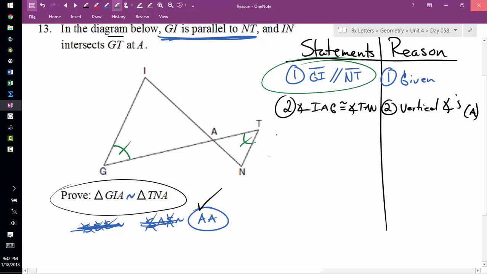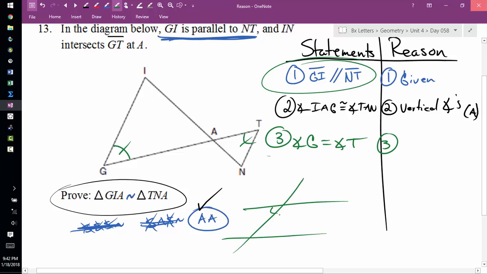And that will be my third statement. Angle G must be congruent to angle T. And that's because these angles, when you have parallel lines cut by a transversal, these angles are called alternate interior angles. And I can just say alternate interior angles are congruent.